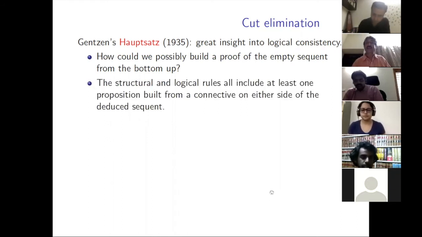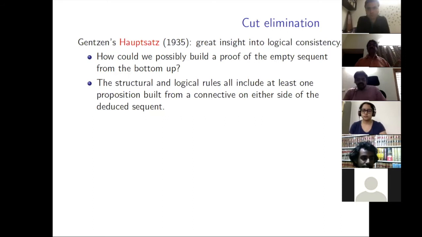If you look at it, notice that in sequent calculus, everything is using your rules, entirely structural. Now look at the structural rules and the logical rules. All of them will include at least one proposition built from a connective on either side of the sequent.